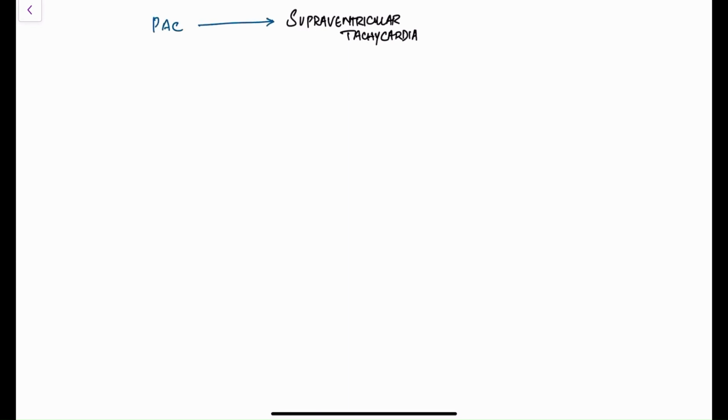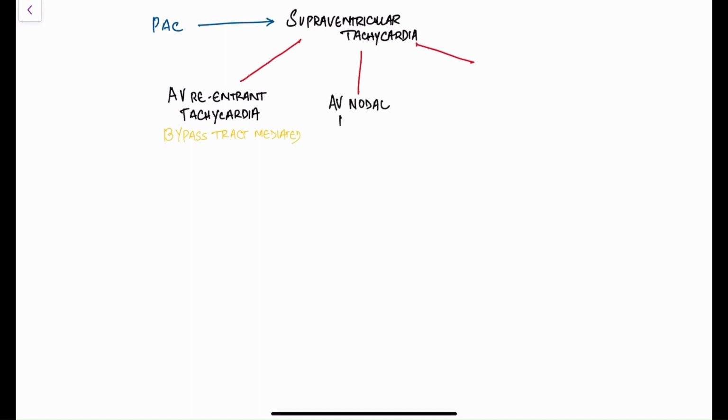So a PAC initiates a supraventricular tachycardia, and this is further divided into an atrioventricular re-entrant tachycardia, which is mediated by a bypass tract; an atrioventricular nodal re-entrant tachycardia, and as the name suggests, this is dependent on the AV node for its propagation; and then the third one we've already discussed, which is an atrial tachycardia.